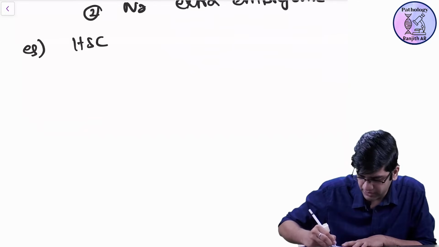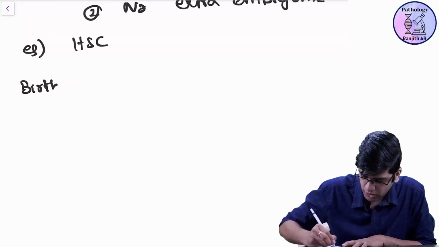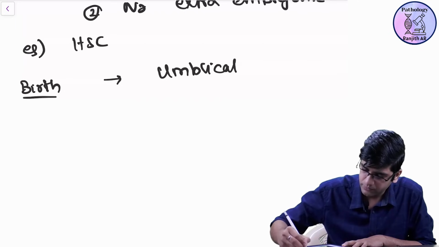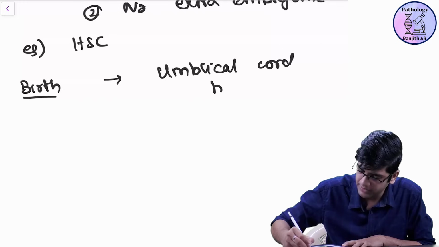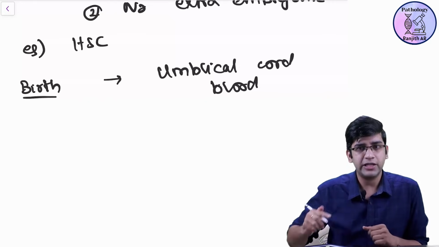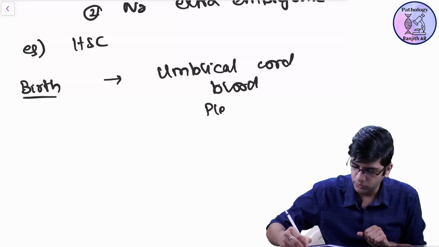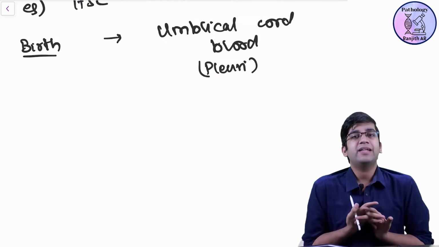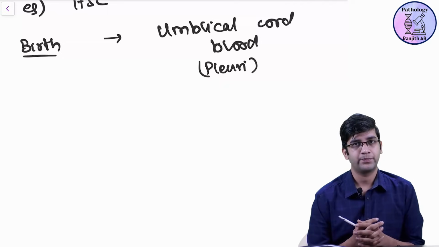So immediately after the baby is born, what we do is we take the umbilical cord blood, and we are saying that this umbilical cord blood will have pluripotent hematopoietic stem cells. So they have that. What I'm saying is I can create any cell from this cell.